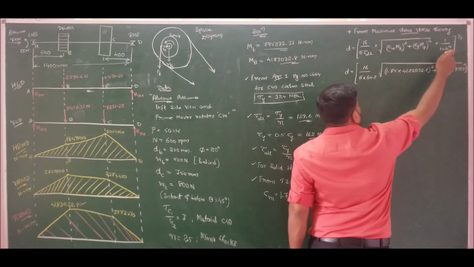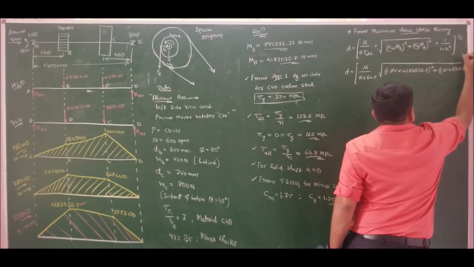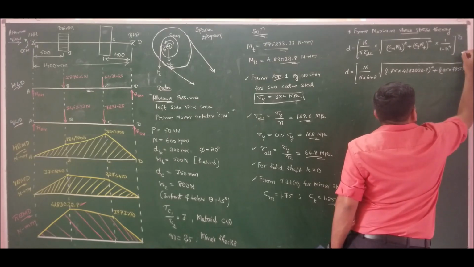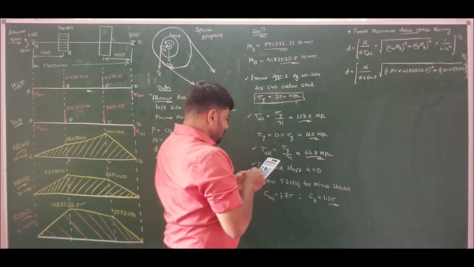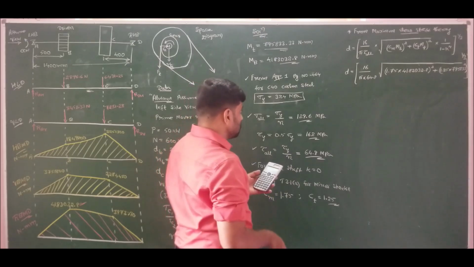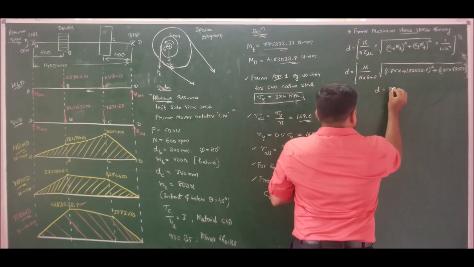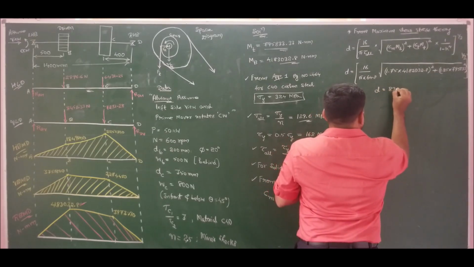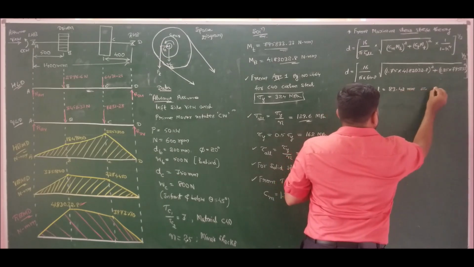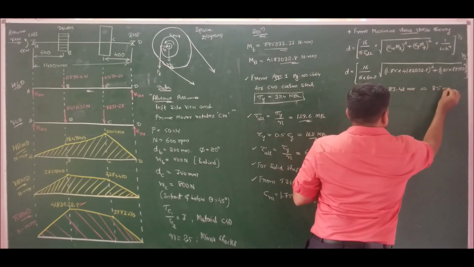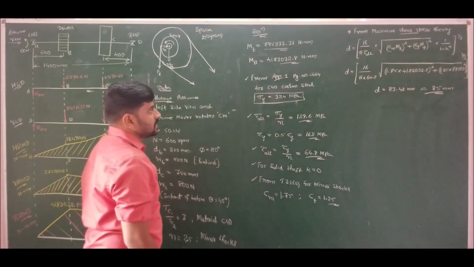If I substitute k as 0, this will become unity, so whole to the power of 1/3. So if I solve, I will get the diameter D as 83.4 mm, which is nearly equal to 85 millimeters. So diameter is 85 millimeters from maximum shear stress theory.